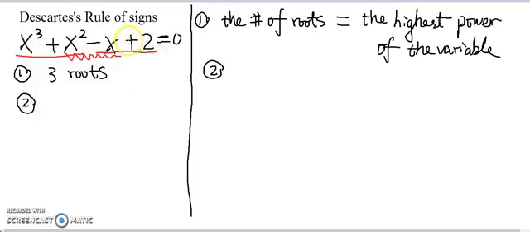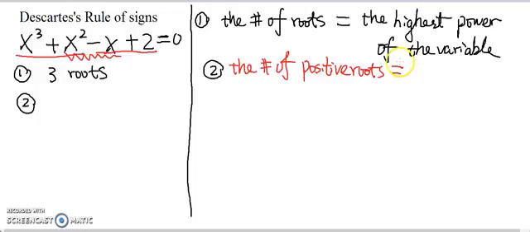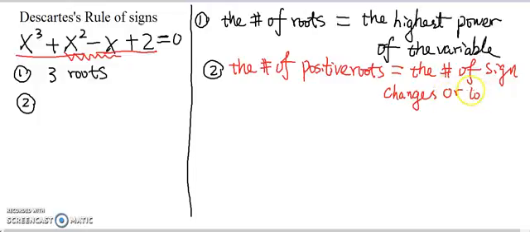And so Descartes' second rule says the number of positive roots is equal to the number of sign changes, or you can say the variations in the signs of the coefficients, or this number decreased by a positive even integer.